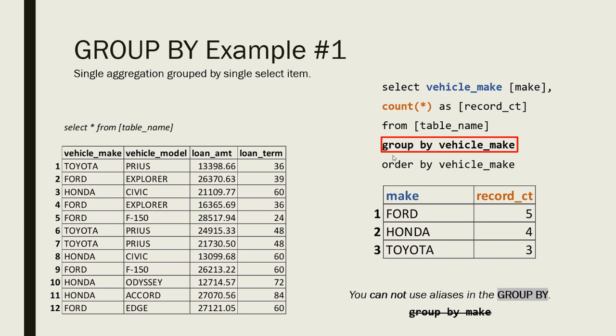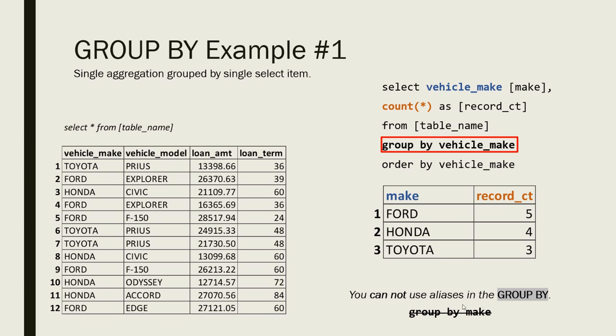So without a where clause, again, we go over to the vehicle make field and we see that there are 3 distinct values for vehicle make. There's Toyota, Ford, and Honda, and there's no other values in this particular field. And because there are 3 unique values, that means our output will ultimately have 3 records, each record reflecting the unique value for the make.